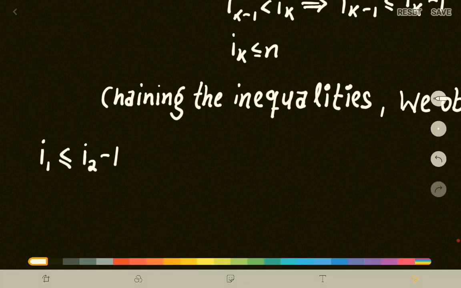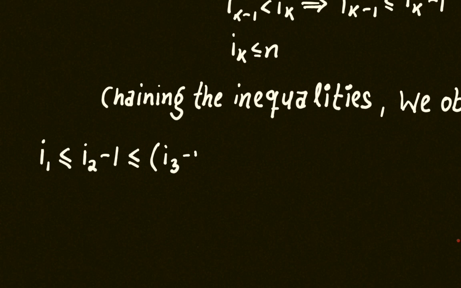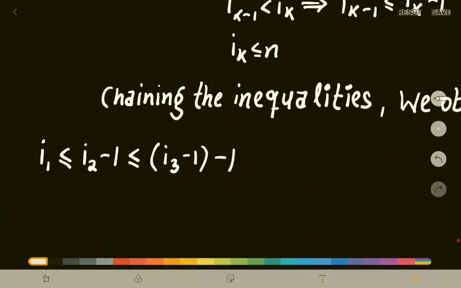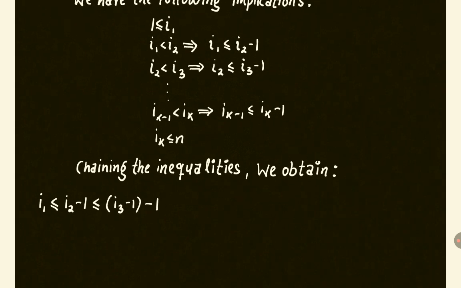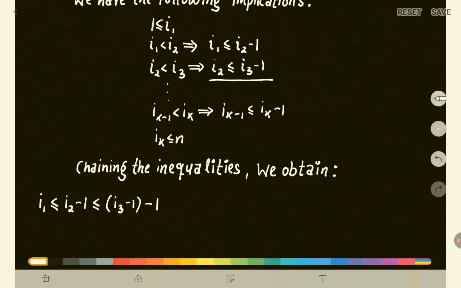Now this is less than or equal to I sub 3 minus 1 minus 1. You can actually see it from here. Now I sub 2 is less than or equal to I sub 3 minus 1, and we are going to continue this process until we reach this thing. So what we are doing is finding the maximum value of I sub 1 through these inequalities.